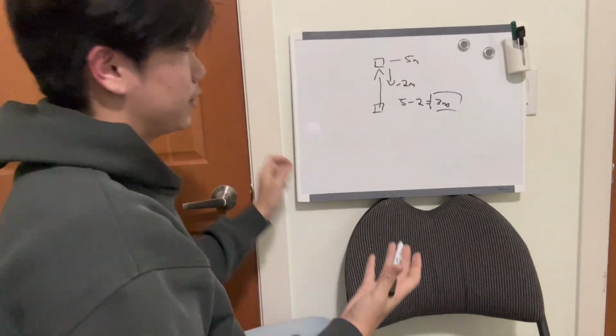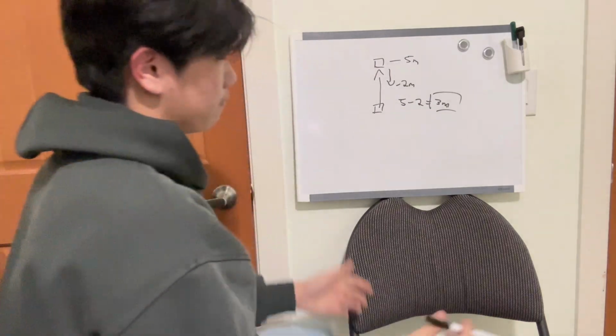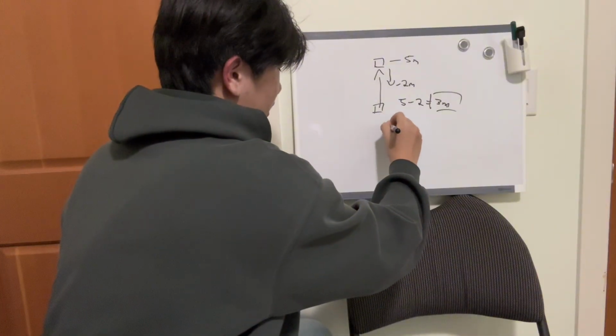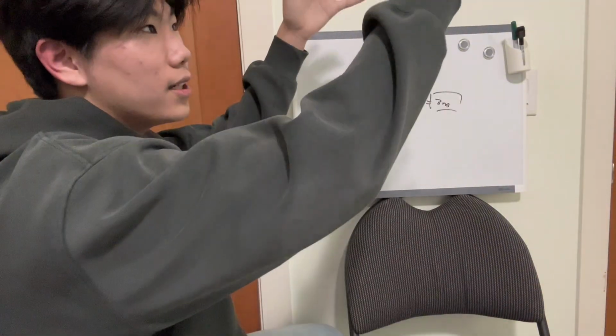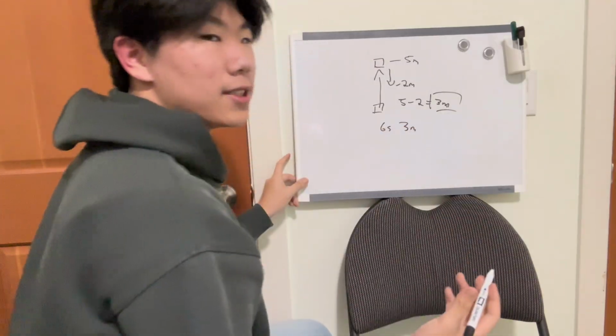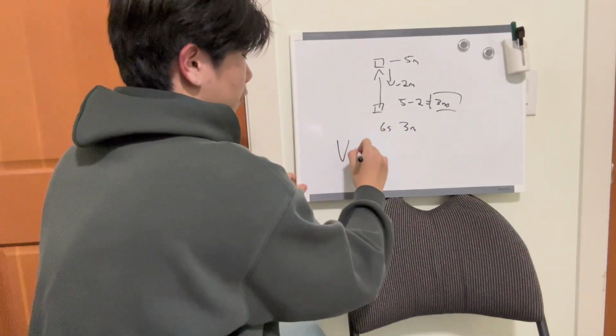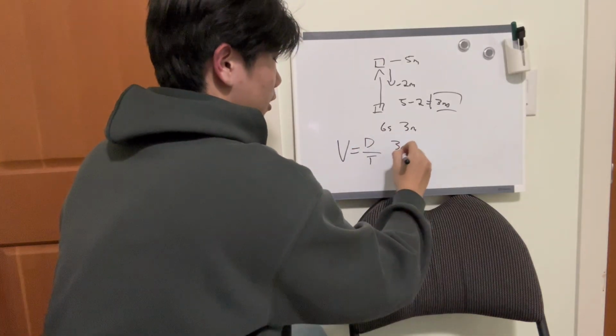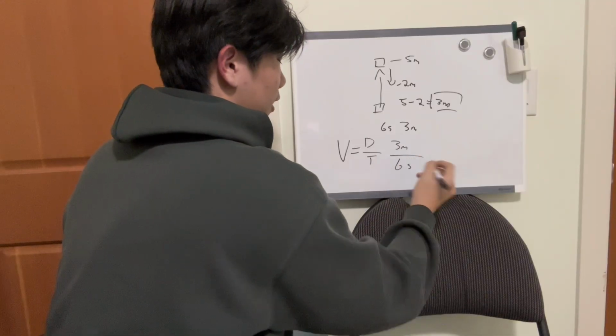That is my displacement. Now, let's say it takes, we'll give it a modest 6 seconds for me to lift it up and then drop it down. 3 meters is my displacement. Always remember, V equals D over T. D is 3 meters. Time is 6 seconds.